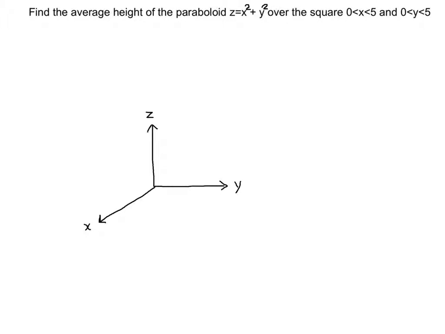Now our square is going to go 1, 2, 3, 4, 5 units in the x direction, and 1, 2, 3, 4, 5 units in the y direction. So from the origin to 5 in both the x and the y direction.